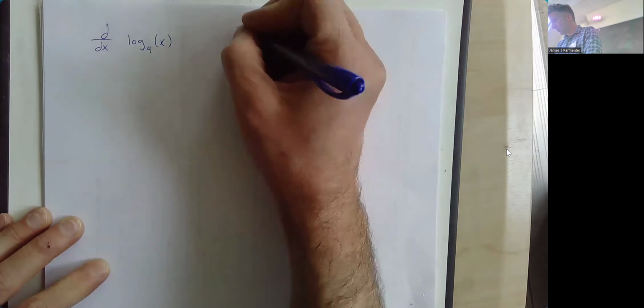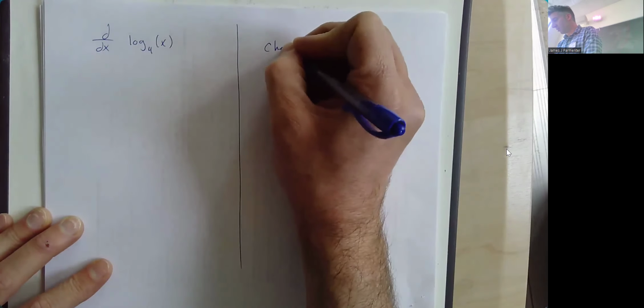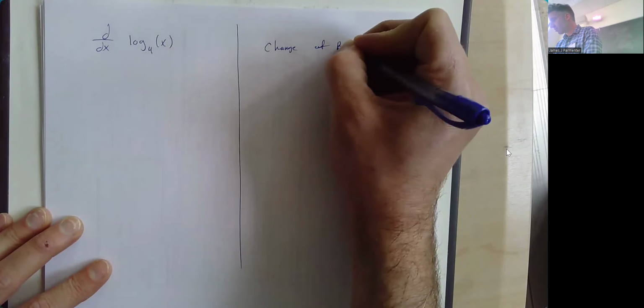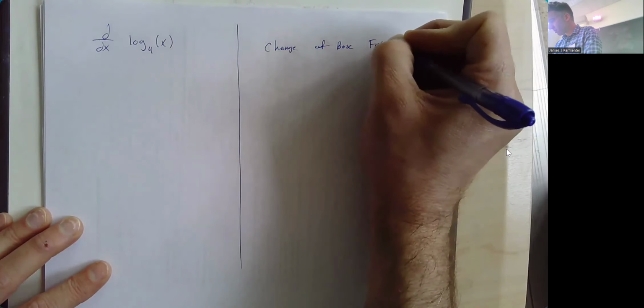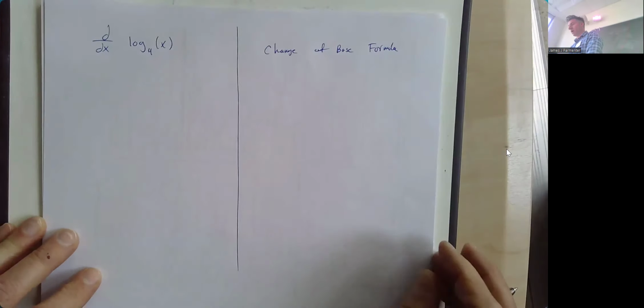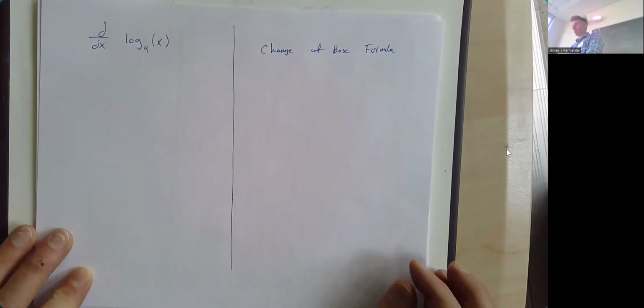There is one other logarithm formula I should make you aware of. So we'll come back to this in a second. The change of base formula, which I would say we kind of express in maybe 3 different ways.